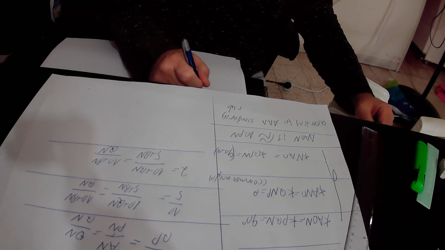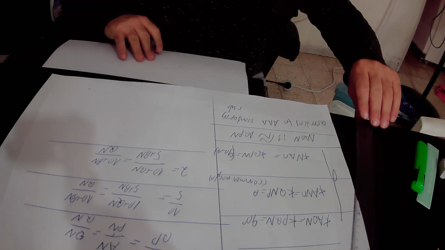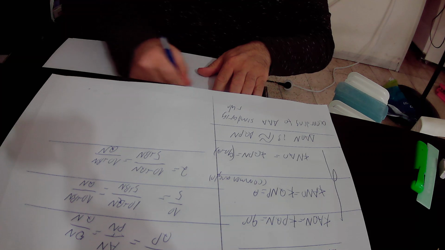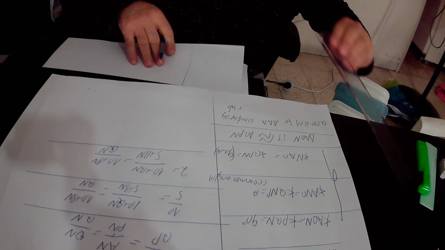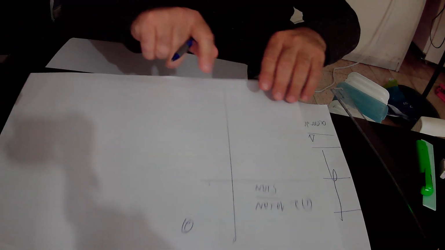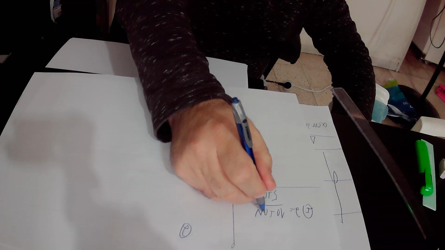So according to equation number 1, 2 equals 10 plus QN over 5 plus BN. Again, according to equation number 1, 2 equals 10 plus QN over 5 plus BN.